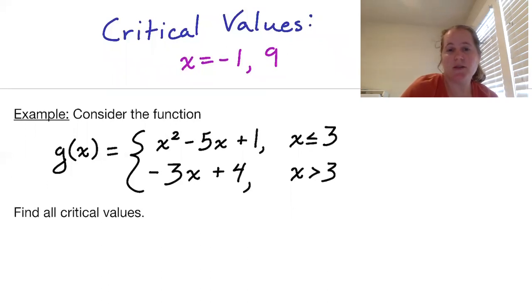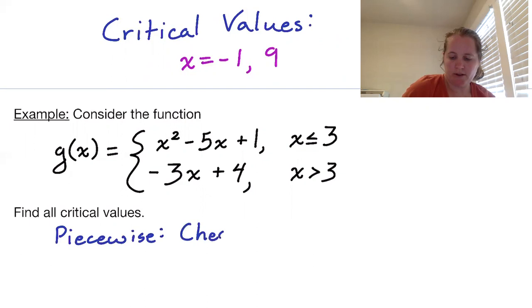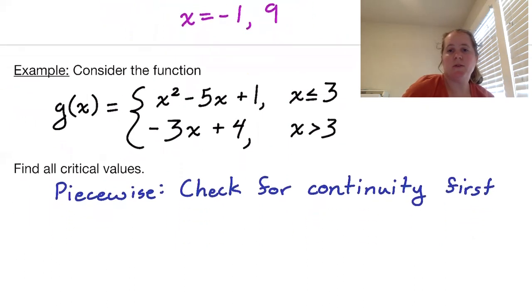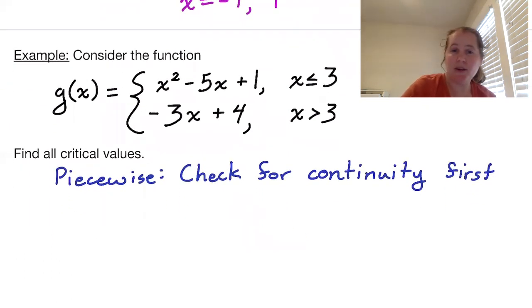I'm going to check for continuity first. Both pieces are polynomials, so the only point of interest would be at the break, at x equals 3.